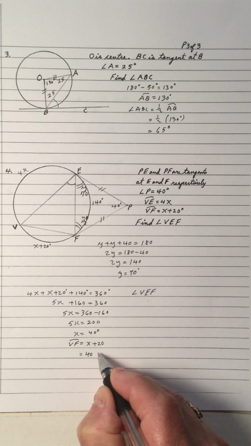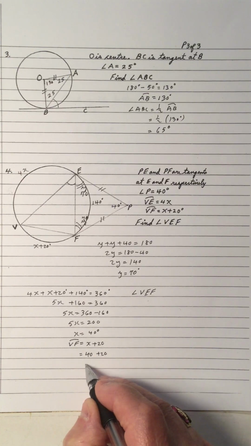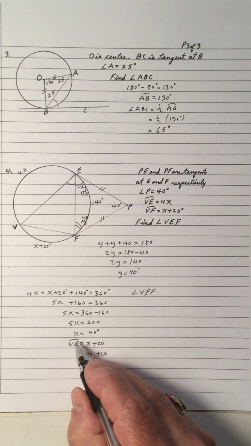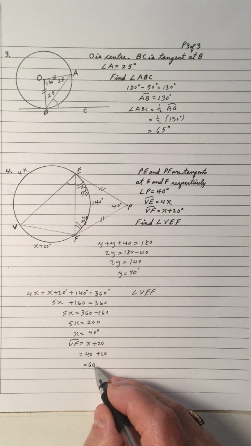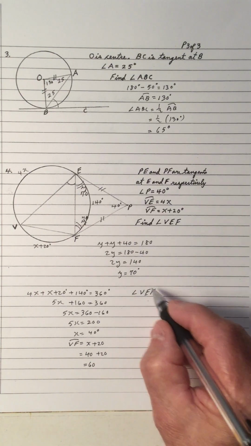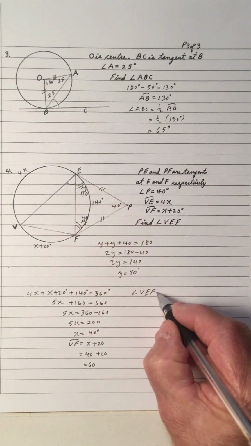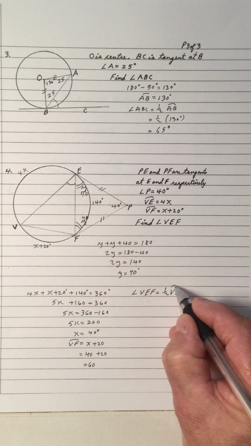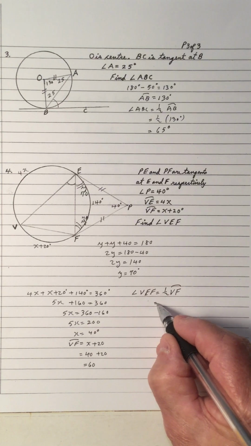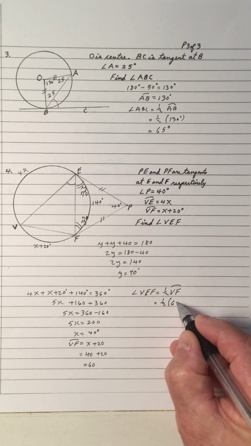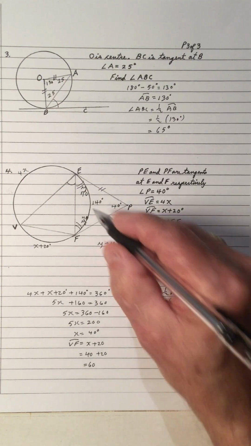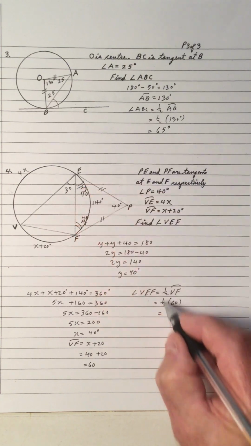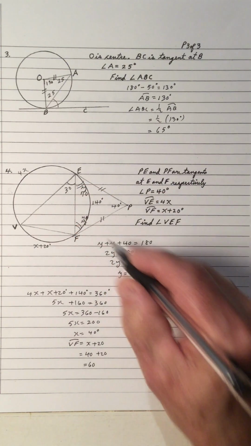So 40 plus 20 is 60 degrees. So the arc VF is 60 degrees. This angle is half of the arc VF, so it's half of the 60. That means this angle is 30 degrees, because it's half the intercepted arc.